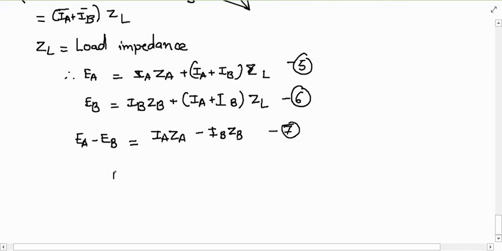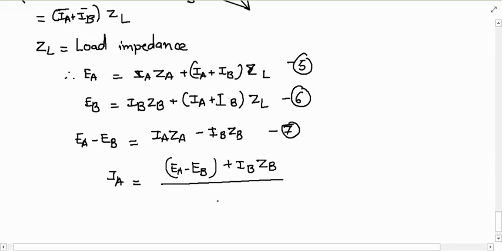What is IA then? IA will be EA minus EB plus IB ZB divided by ZA. This is your equation number 8.